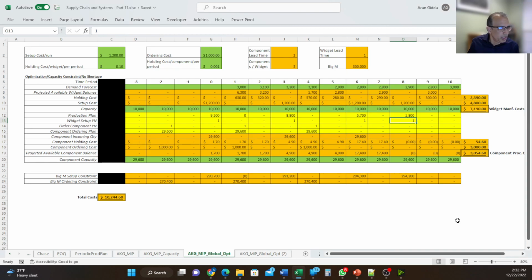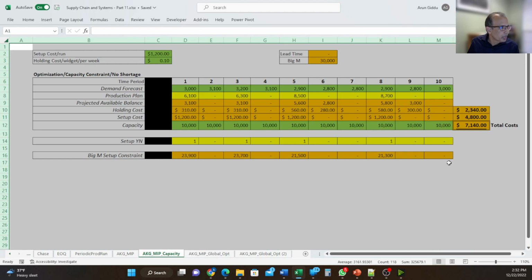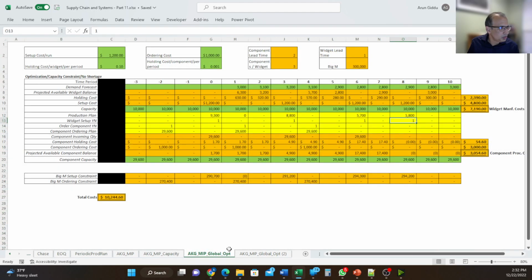Close. And what it has done is it says the total optimal cost, minimized cost for both manufacturing as well as purchasing is 10,244. And what is of note here is that the cost for manufacturing has increased from 7140 to 7190.